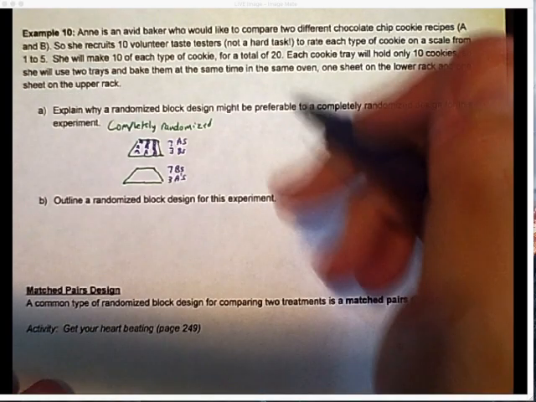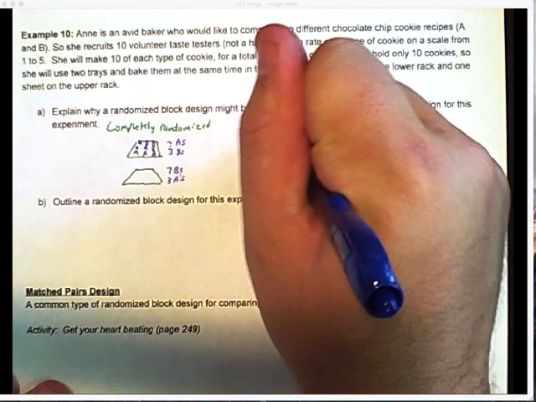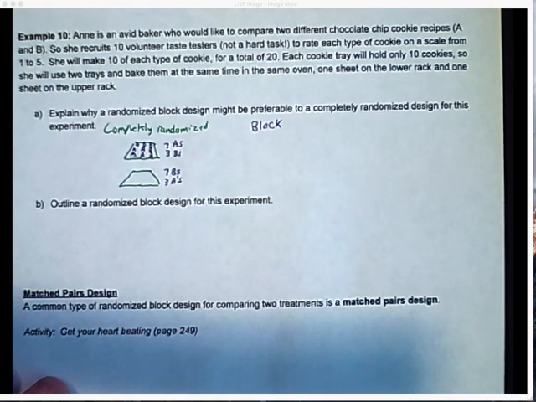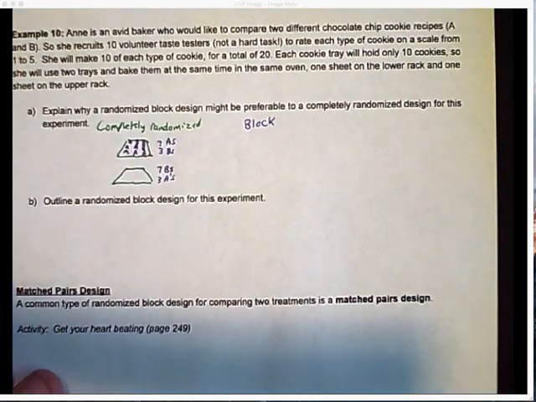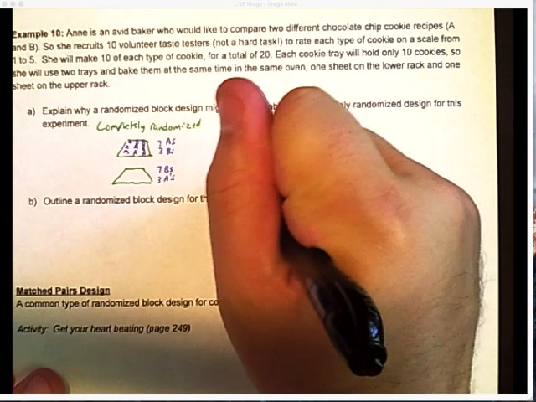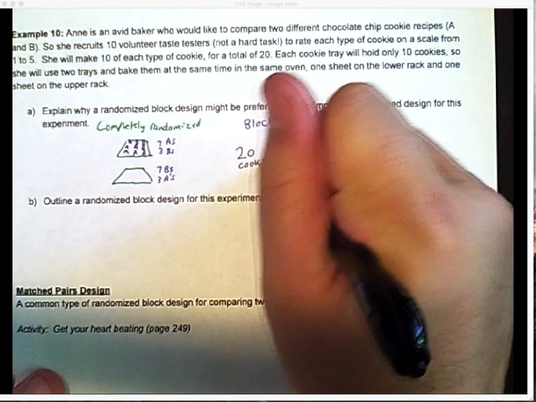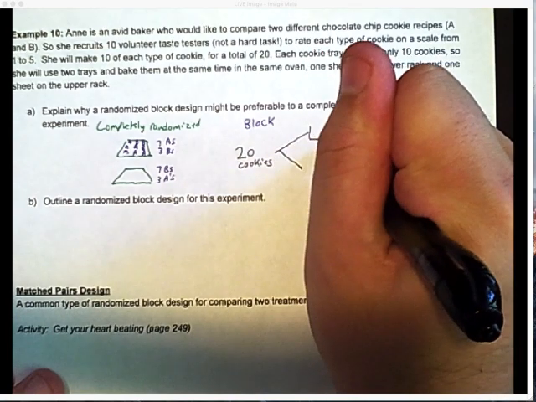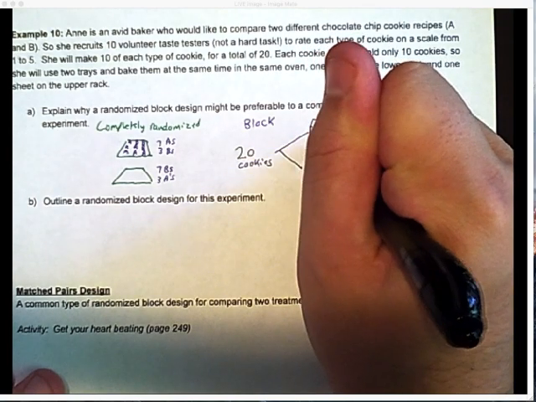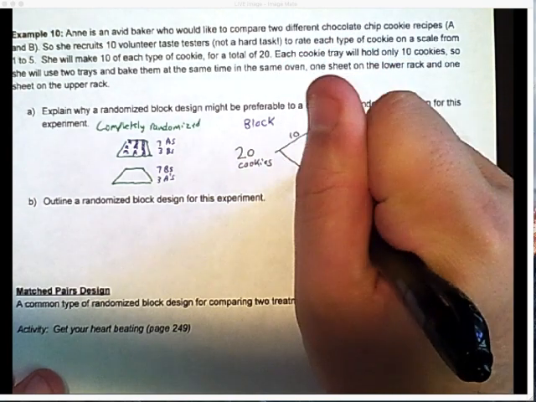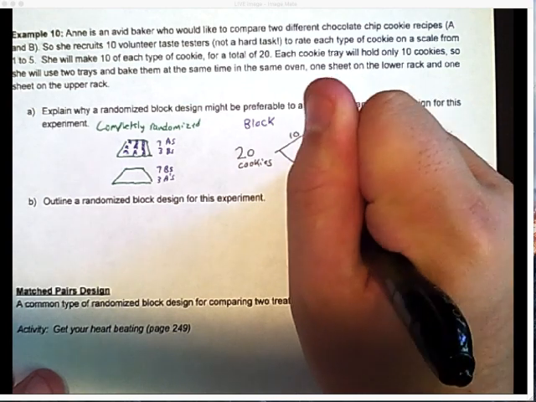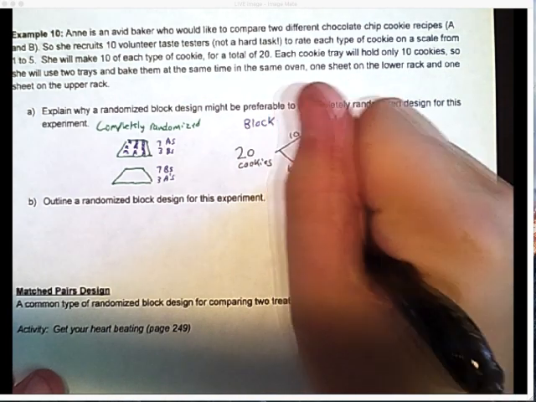If you did a block design, the way that would work is you would start with your 20 cookies, but you would block by location. So we would make 10 cookies go to the top shelf, and 10 would go to the bottom shelf.